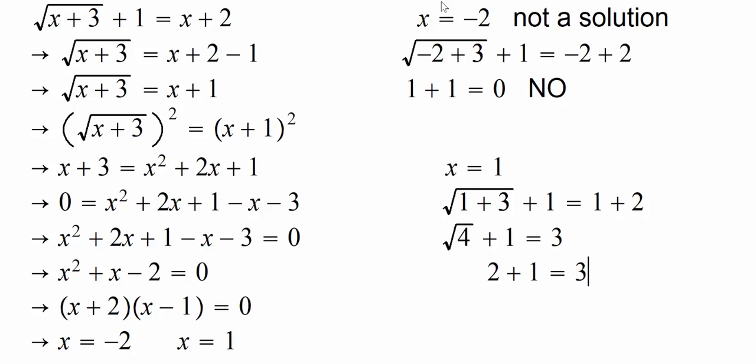So this one works. This is an acceptable solution.